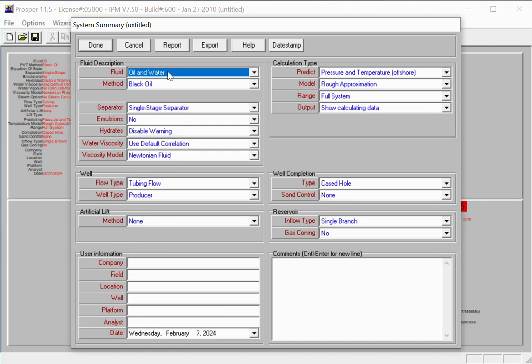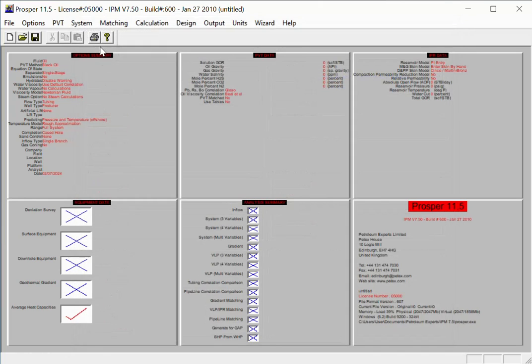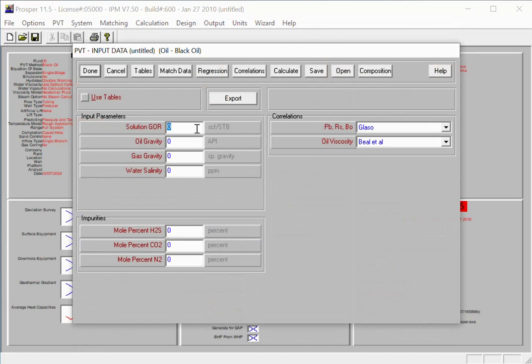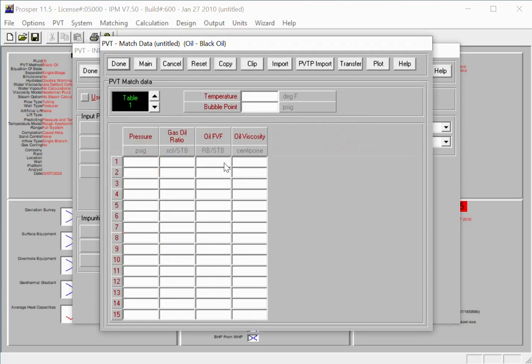So we're going to use oil, water and then black oil, so we'll leave the values at their default. So I'll quickly supply the PVT input parameters. For that we have a GOR of 845, oil gravity of 3.4, gas gravity of 0.71 and salinity is about 10,000. I have data of course for the matching, but I'm going to copy that from a source.